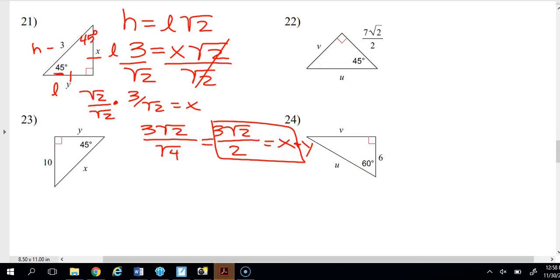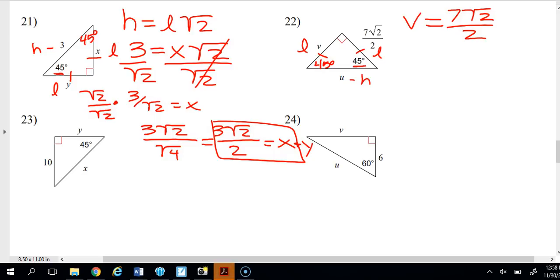All right, number 22 over here. Again, this is a 45-degree angle here, and we got a right triangle, so it's another 45 here. So we know these two are congruent. So we already know that v is equal to 7 square root of 2 over 2. All we have to do is solve for u, and u is our hypotenuse because these two things are our legs.